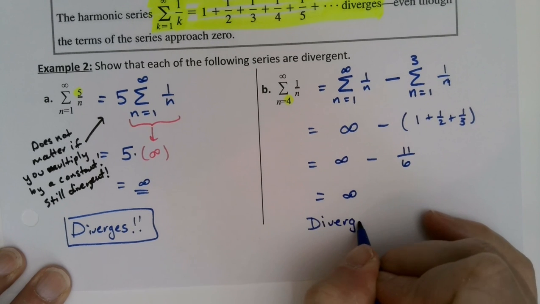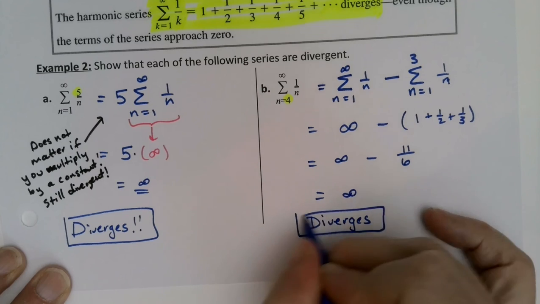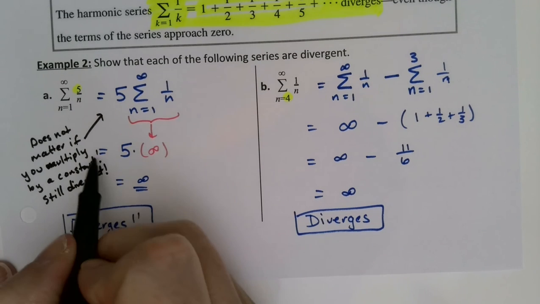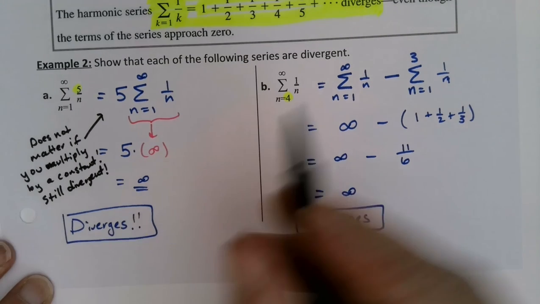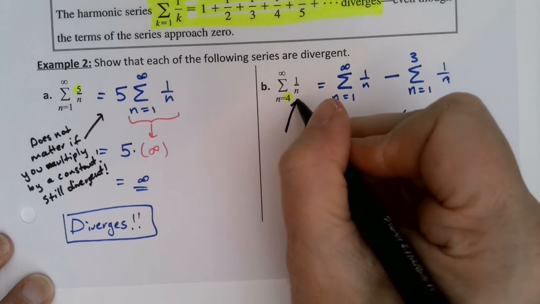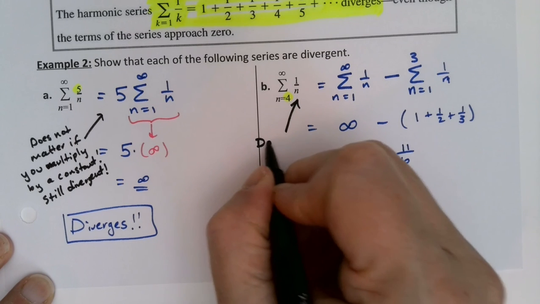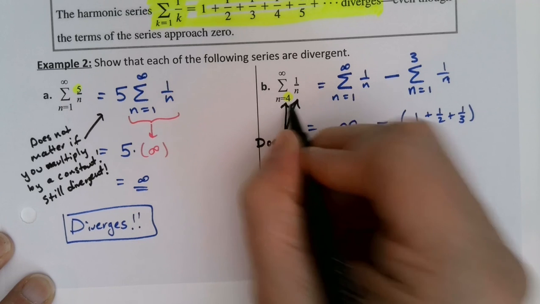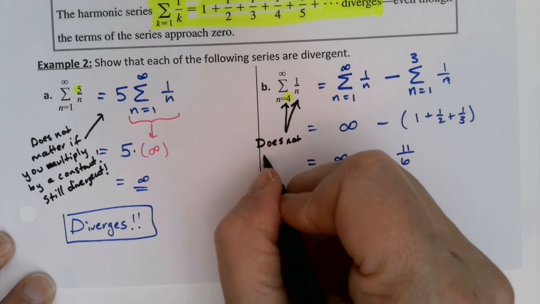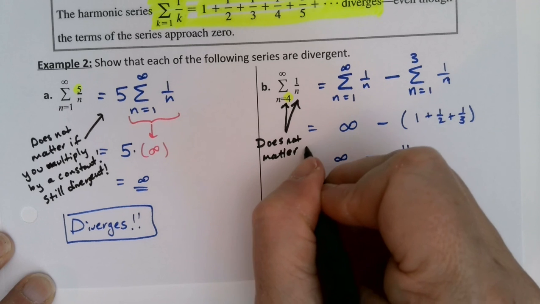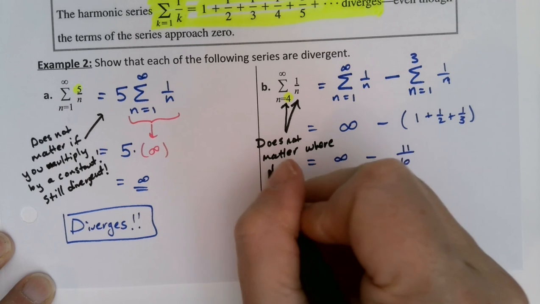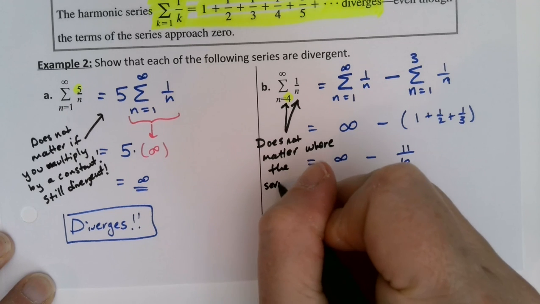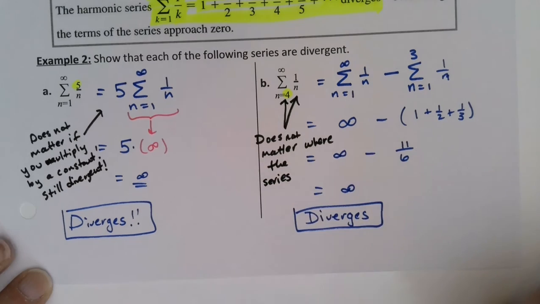So we've proven that the following series are divergent. It doesn't matter if you multiply by a constant, it's still going to be divergent. The harmonic series is so fascinating. And it does not matter where you start. Actually, I should make that arrow go right to that 4. It does not matter where the series starts. As long as you have a harmonic series, it will be divergent.